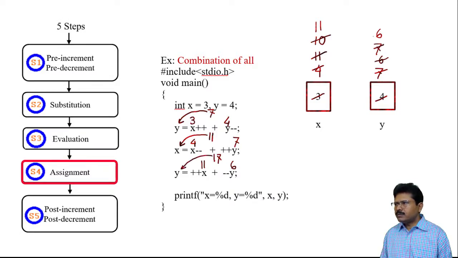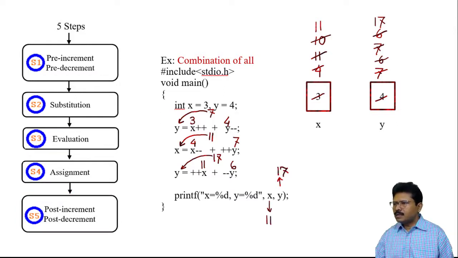So now the value of y is 17. Next this step, is there any post increment, post decrement? No. So the execution of this is over. So ultimately what is the value? Value of x is 11, value of y is 17.